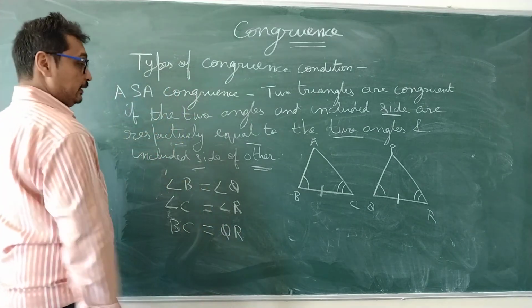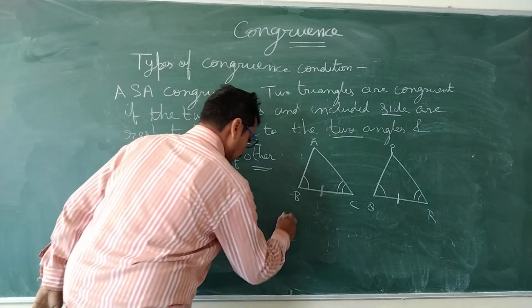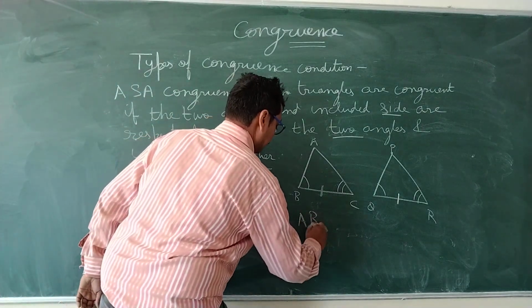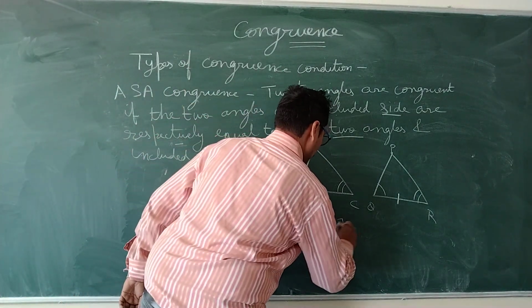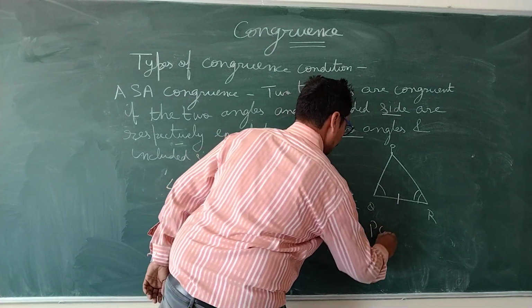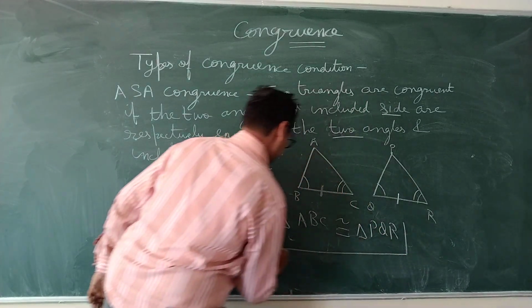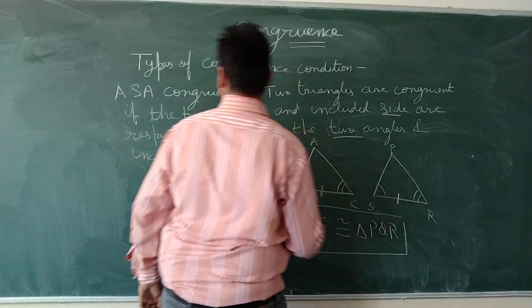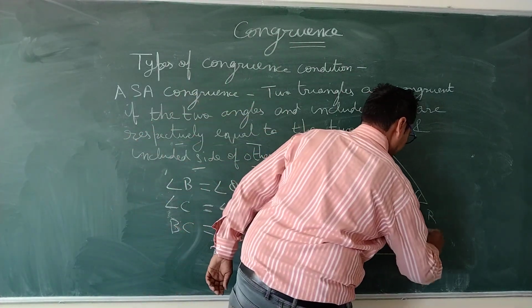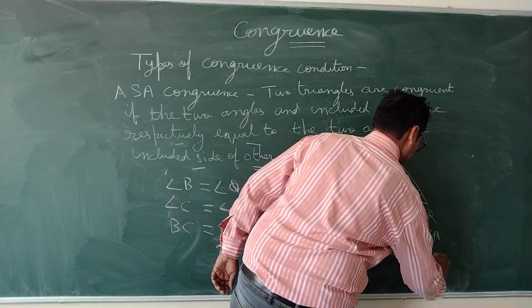They both are of the same length. Then we can say triangle ABC is congruent to triangle PQR. This is by ASA congruency.